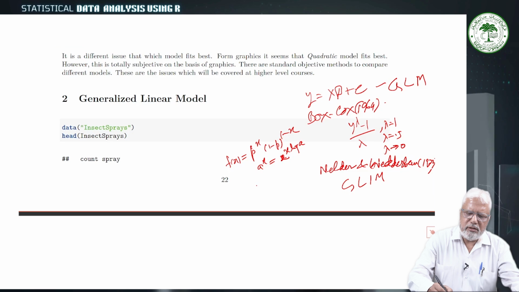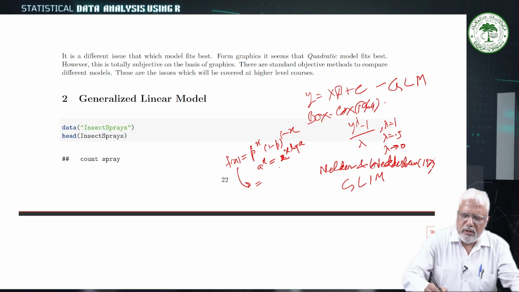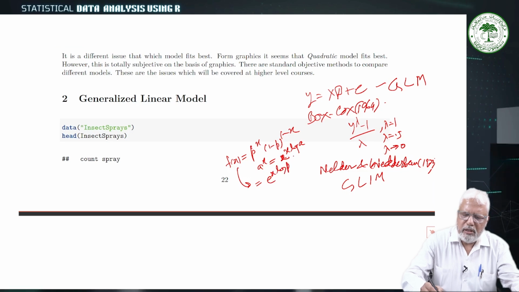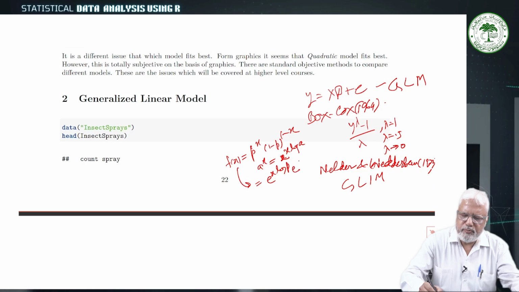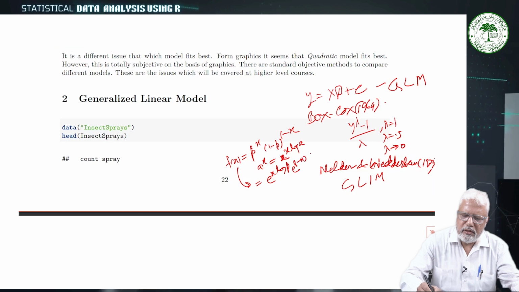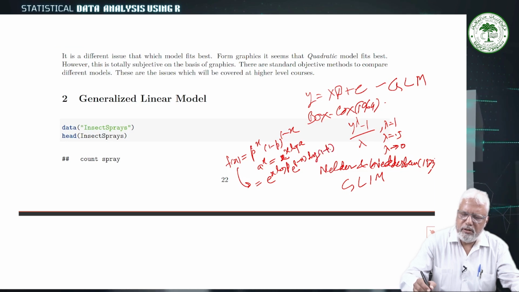So if we make use of this result, f(x) is equal to a raised to the power x, it will be e raised to the power x into log of p, and into e raised to the power 1 minus x into log of 1 minus p.